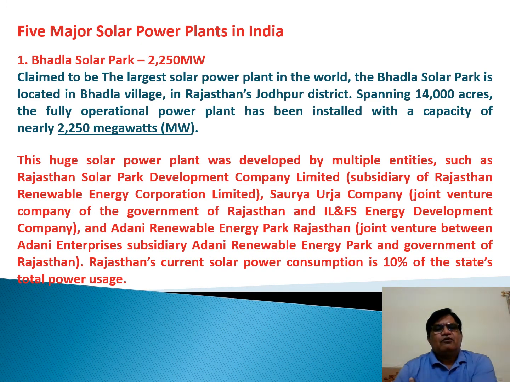The five major solar power plants which are under process or almost completed in India. Number one has a capacity of around 2250 megawatts.